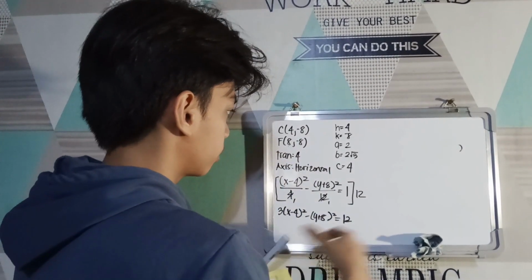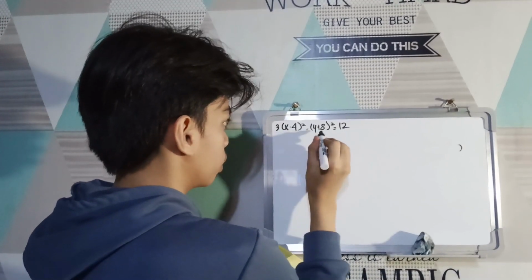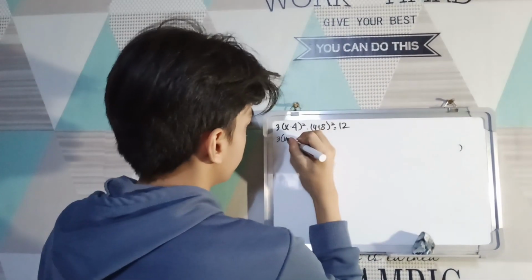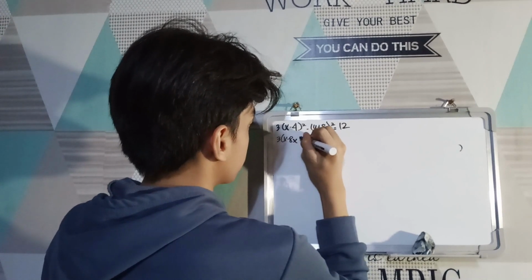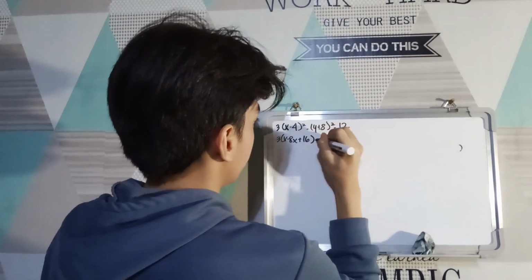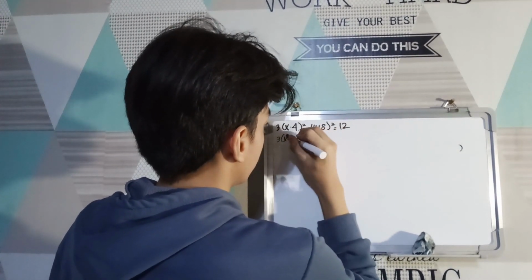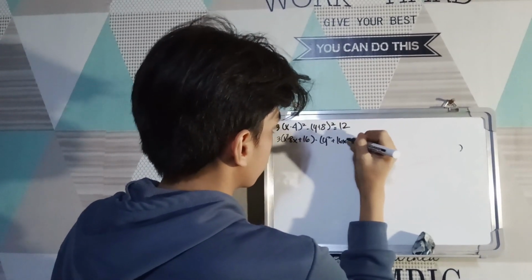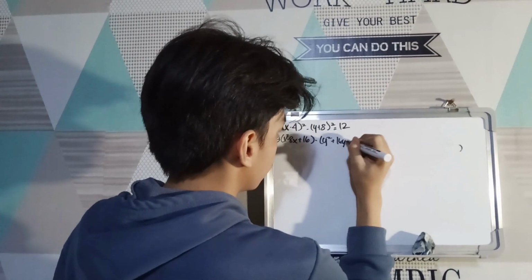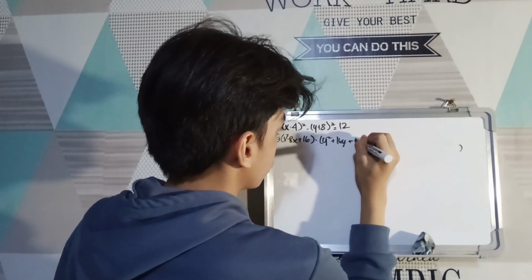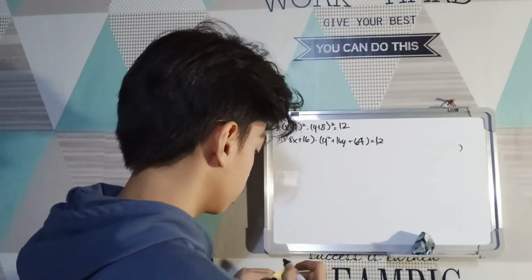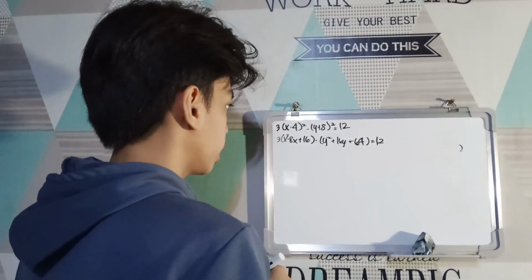So, rewrite natin. Expand natin to. So, magiging 3(x² − 8x + 16) − (y² + 16y + 64) = 12. Distribute natin si 3 sa loob.